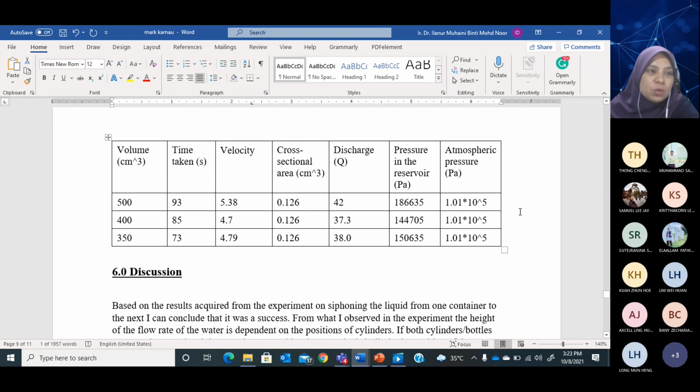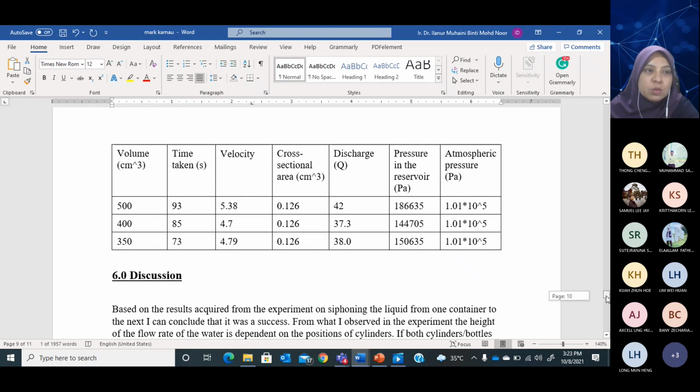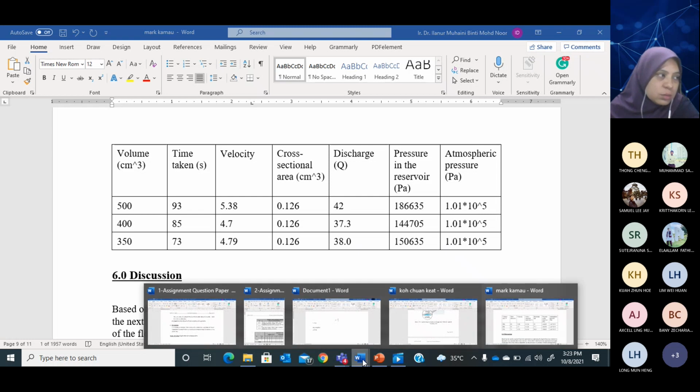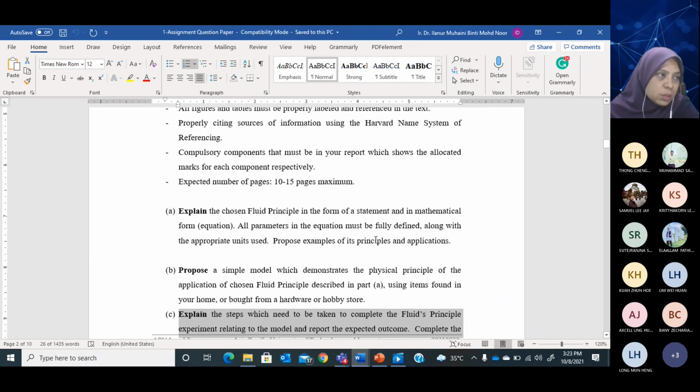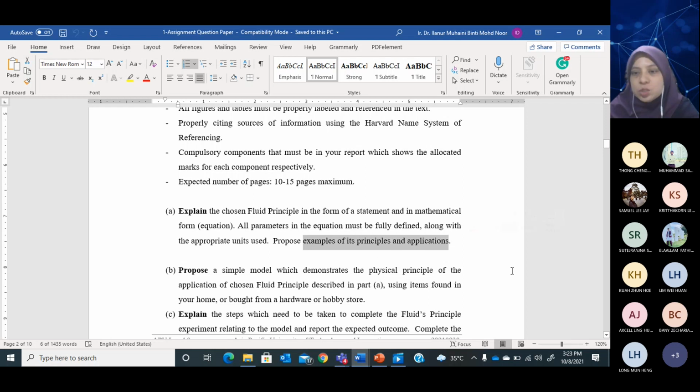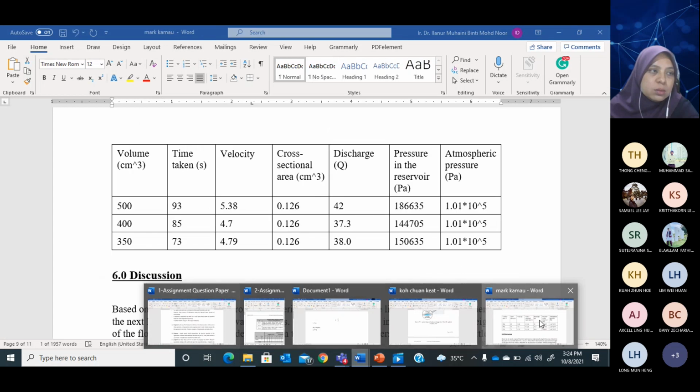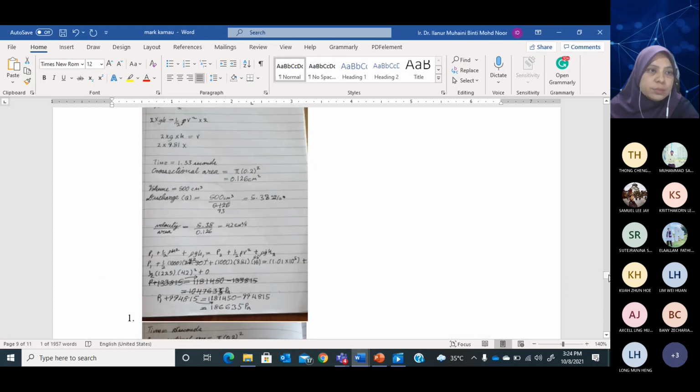If you don't know which part to write so much, you can write more in the examples of principle and application. You take from the internet, but you must rephrase.